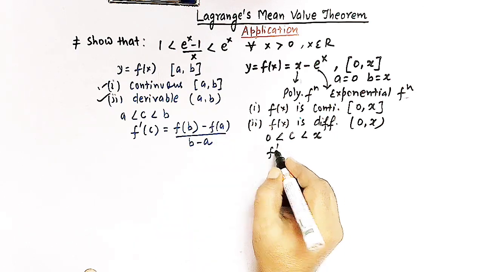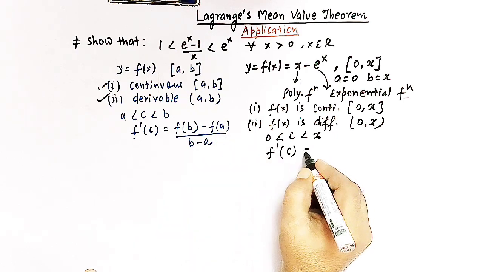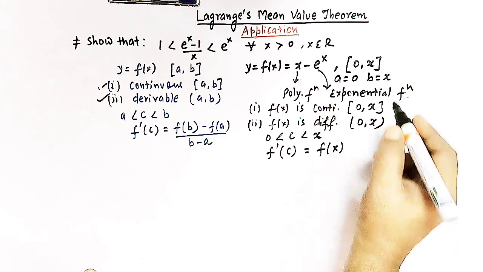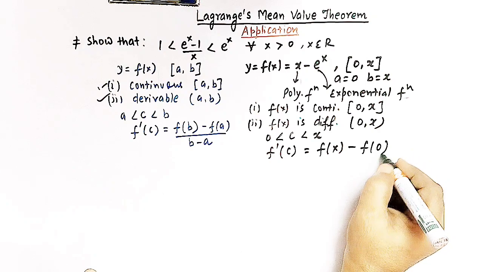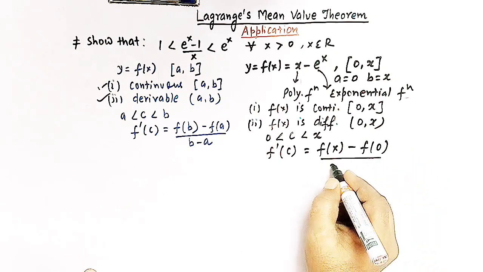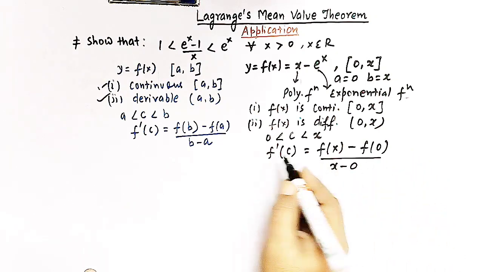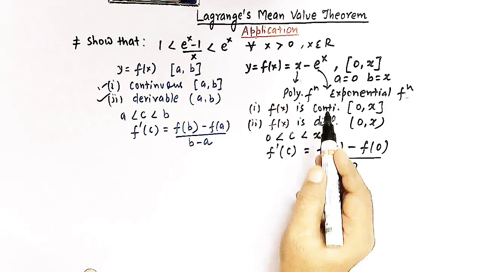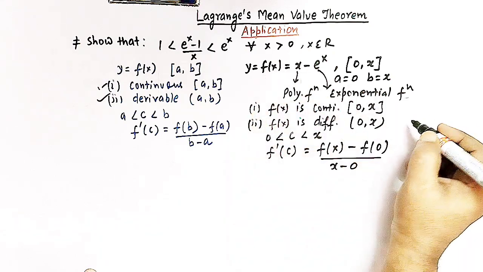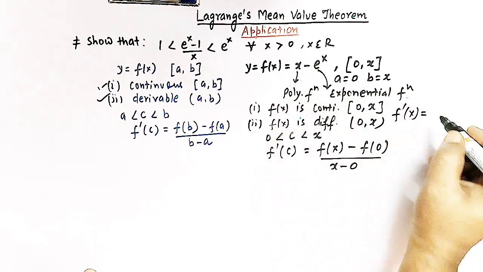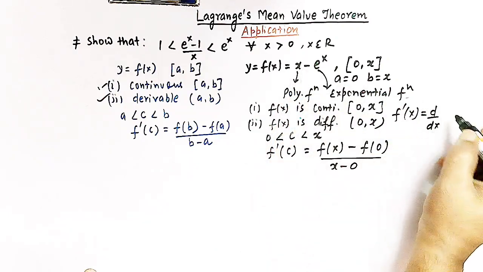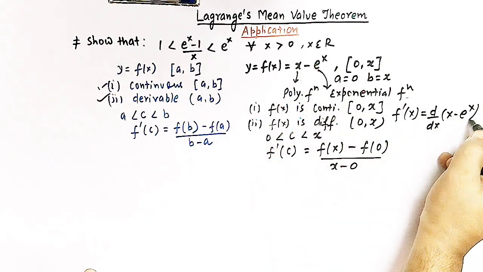So we can now write f prime of c is equal to f of x minus f of 0, because a is 0 and b is x, divided by x minus 0. Now let us find the derivative of f of x. So f prime of x is given by d by dx of x minus e raised to x.